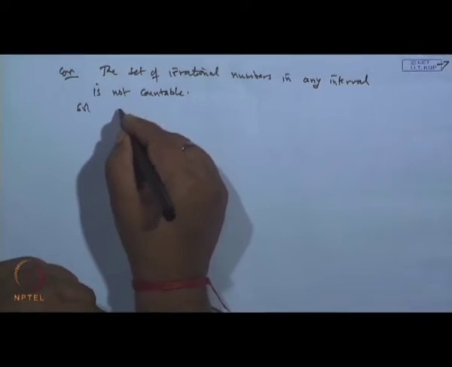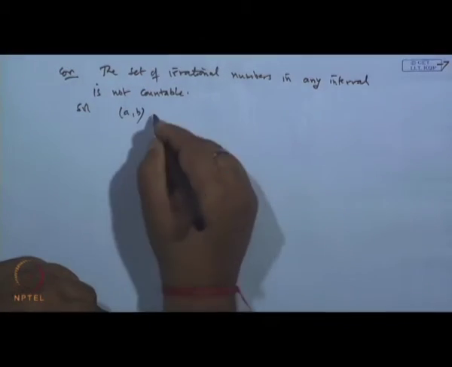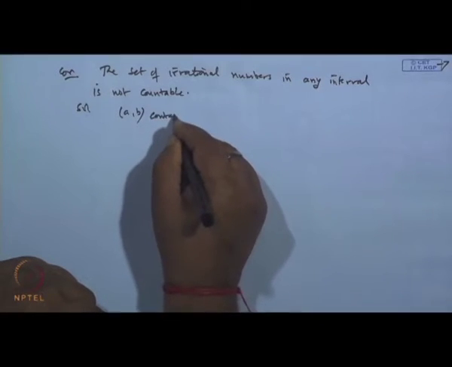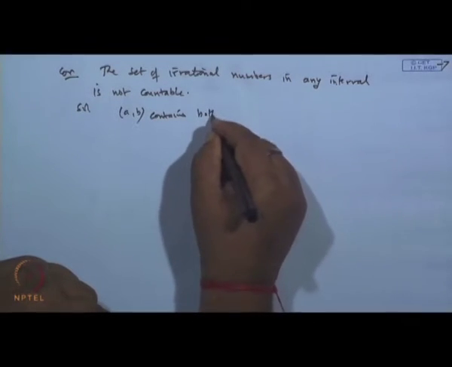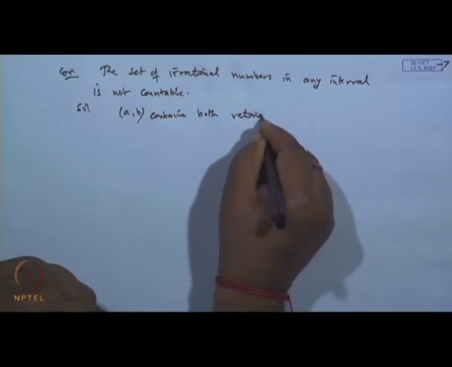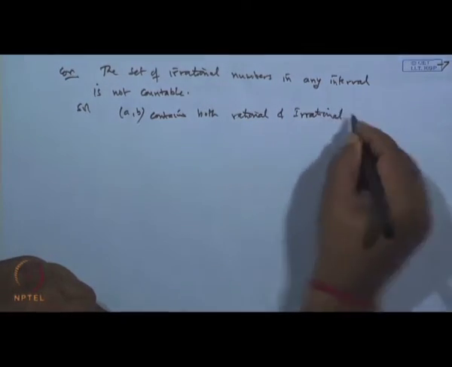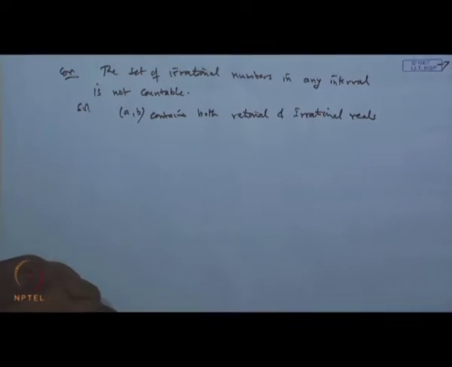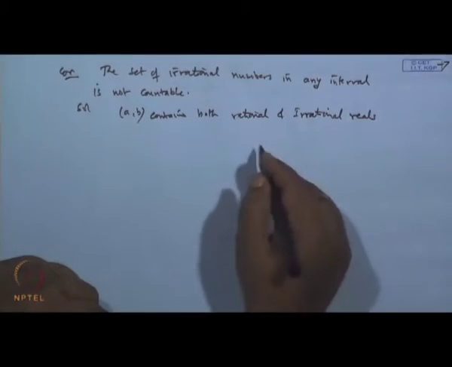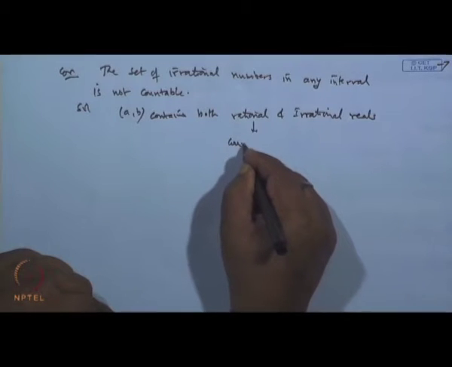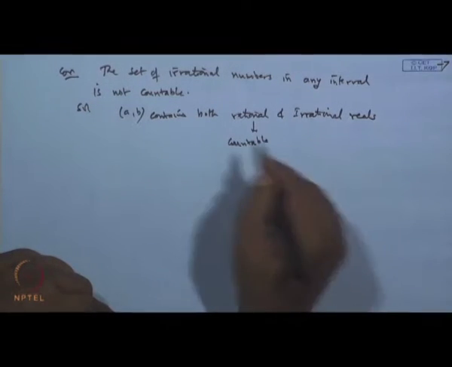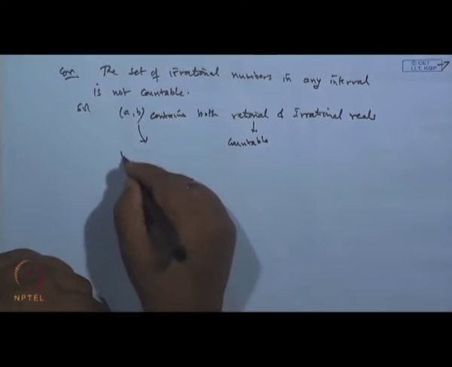The solution is very simple, because an interval a b contains both rational and irrational real numbers, and rationals are countable, this we have seen, while the reals are uncountable.